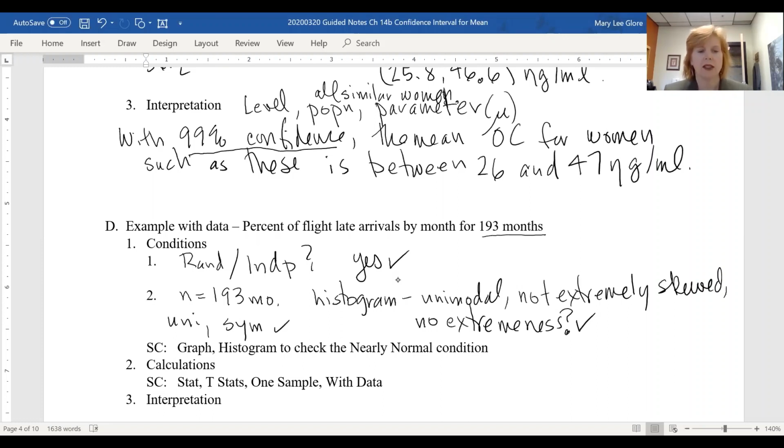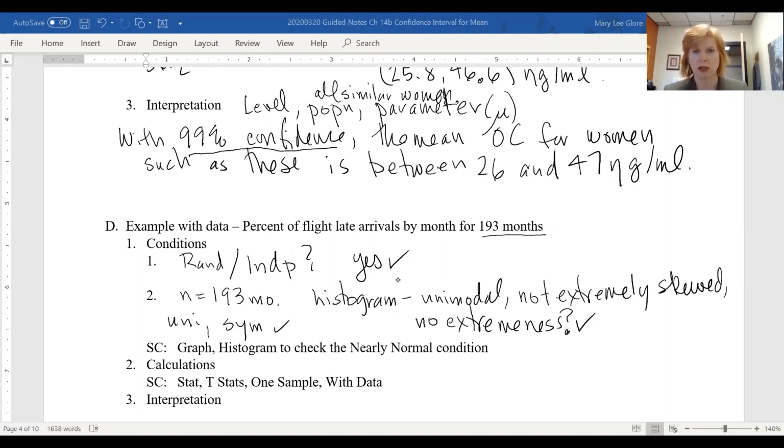All right. So now we're going to do the calculations, and we will do that with StatCrunch. We're going to click Stat, T Stats, One Sample. This time I have a data file. I have one row per percent. And so I'm going to do it that way.